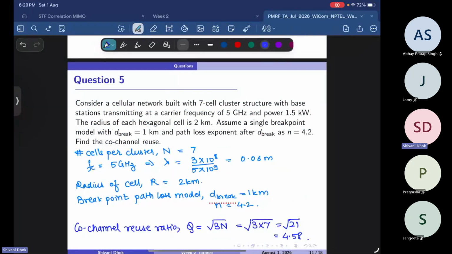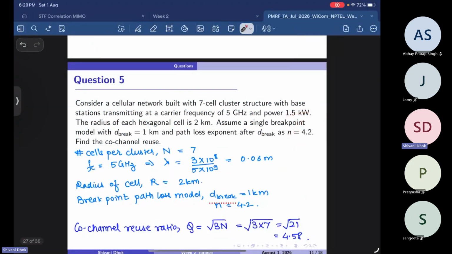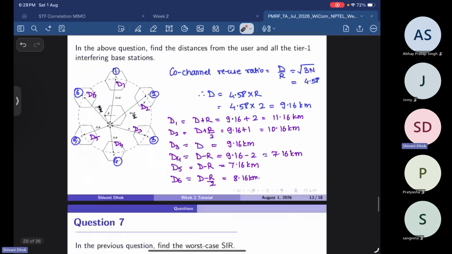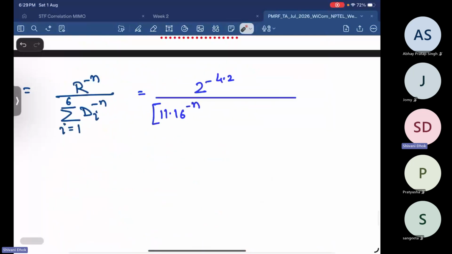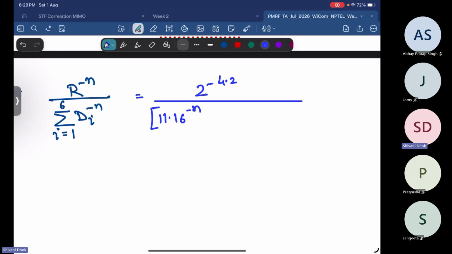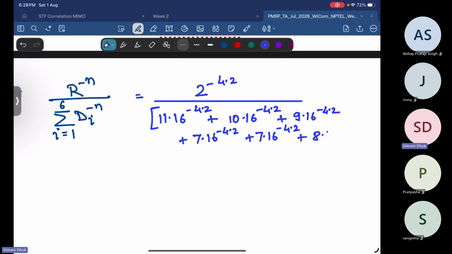Yeah, the path loss exponent is given to us as 4.2. Plus your D2 is 10.16 to the power minus 4.2 plus 9.16 to the power minus 4.2 plus 7.16 to the power minus 4.2 plus again 7.16 to the power minus 4.2 plus 8.16 to the power minus 4.2.